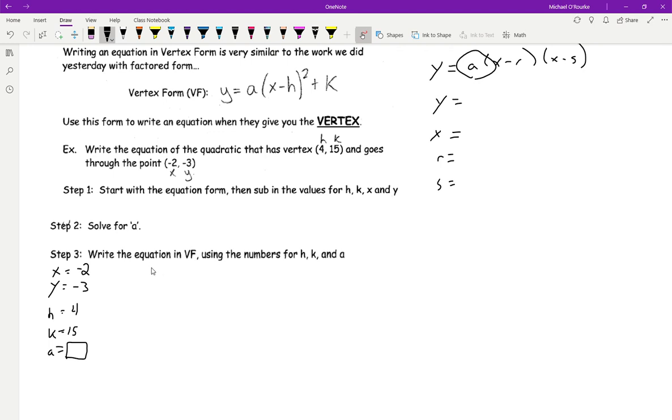Then, what we do is we plug everything in. So I'm going to write down the formula again. That way I know where everything goes. So it's -3 equals A times (-2 minus 4) squared, -4, good, because we're in the land of opposites, right?